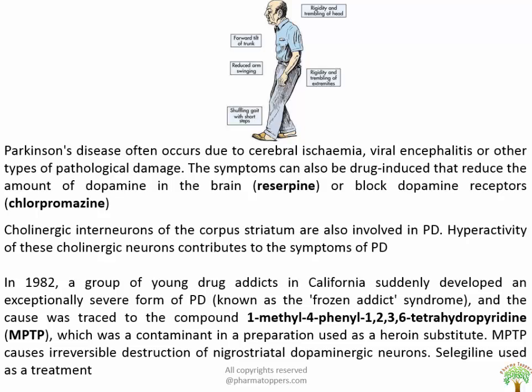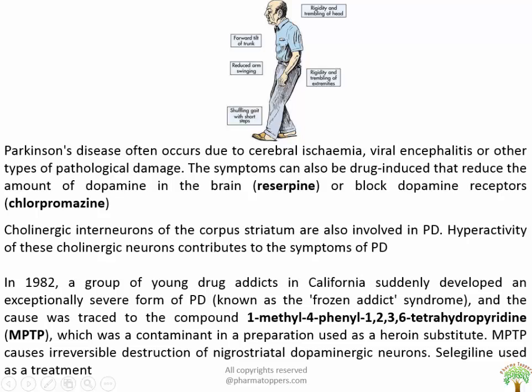So in 1982, a group of young drug addicts in California suddenly developed an exceptionally severe form of Parkinson disorder, which is known as frozen addict syndrome. And this toxin, that is MPTP toxin, was a contaminant in the preparation of a heroin substitute.